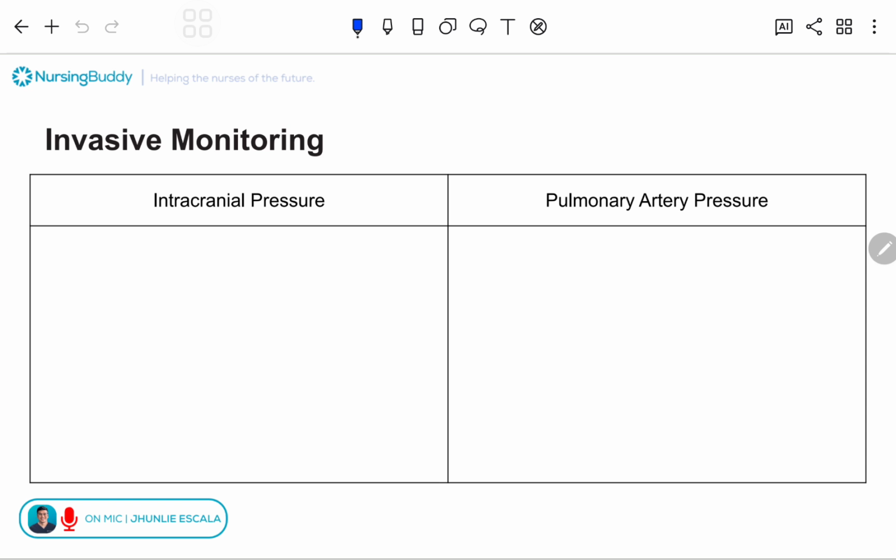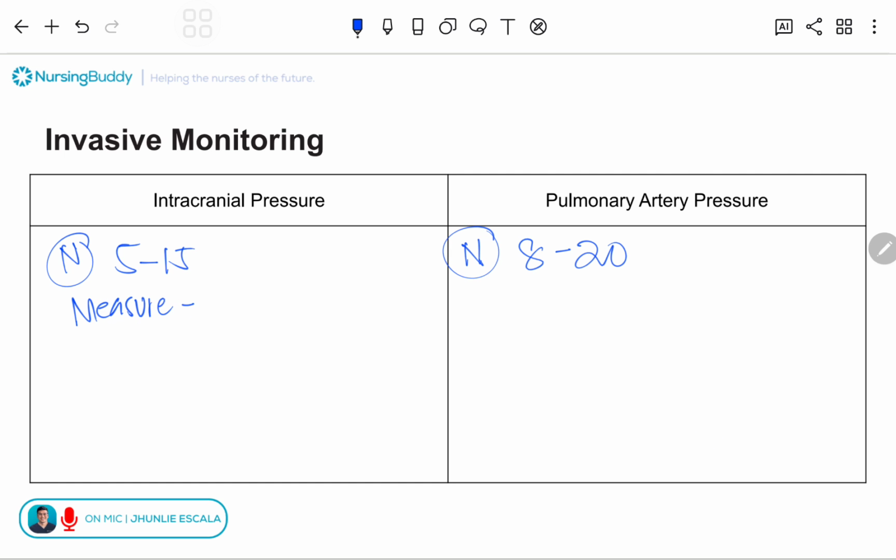Okay, so kapag sinabi natin intracranial pressure, the normal, kapatid, normal na intracranial pressure is 5 to 15. Upon the other hand, kapag sinabi natin, kapatid, na pulmonary artery, normal for this one is 8 to 20. Okay, so how do we measure your intracranial pressure?